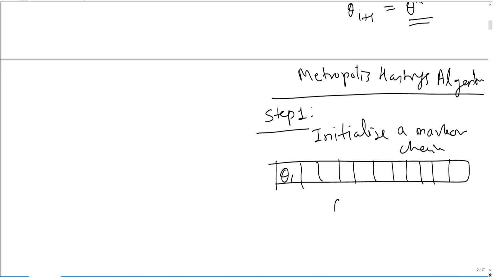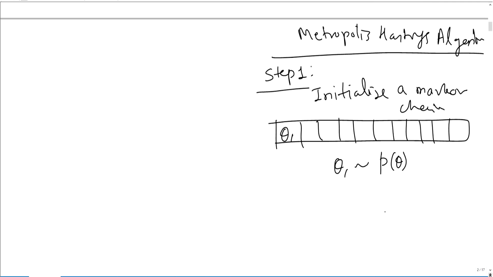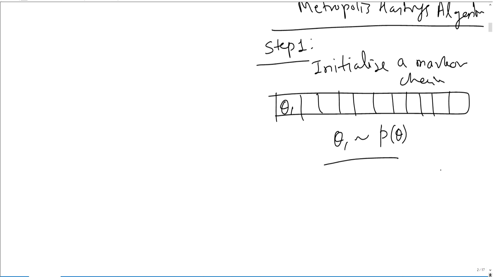You can sample this parameter value, let's say, from its prior density, or you can just randomly put a value, let's say 0, 1 or anything. It should be a reasonable value though. So let's say you sample it from its prior density, and that will work fine. So this is step 1.